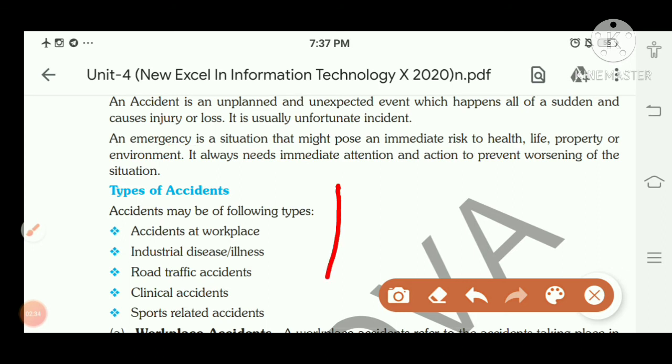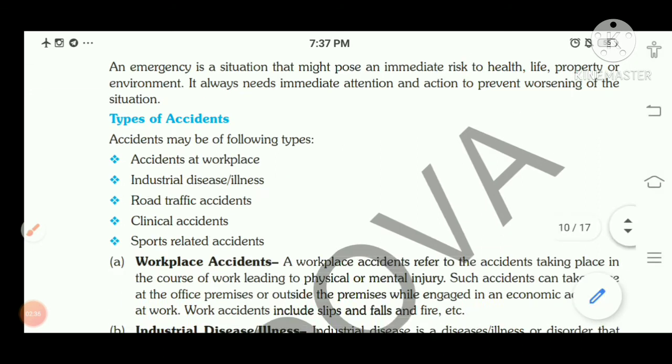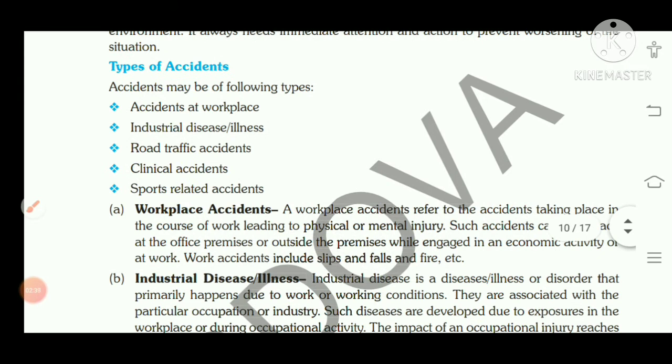Next, what are the types of accidents? Where can accidents happen? At the workplace. Industrial disease or illness: we are doing a job somewhere, and from that location smoke comes, and with that smoke we face a few problems, like enzyme problems, skin disorders, and cancer for those who are doing a job there.